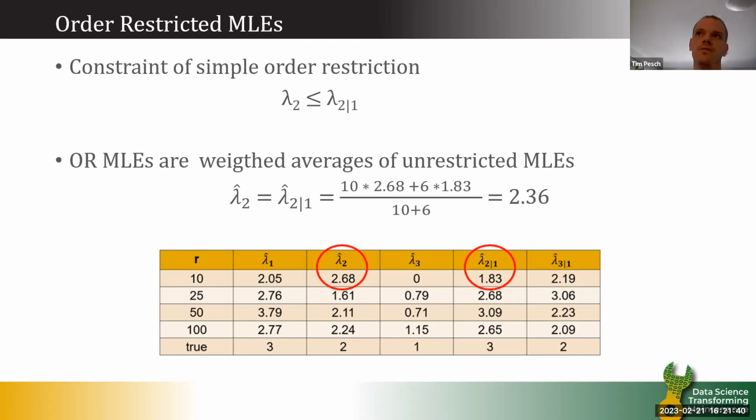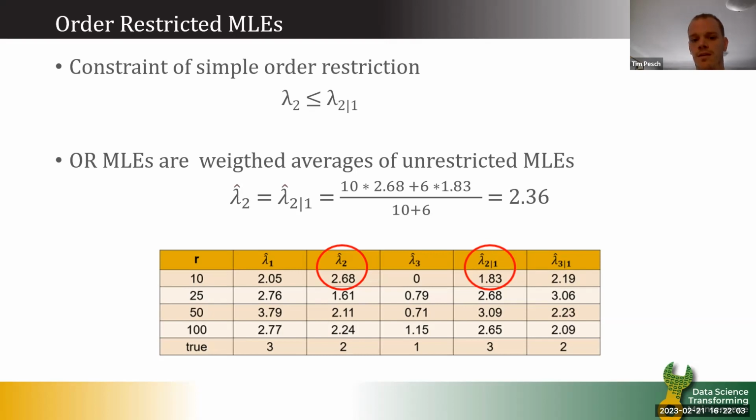I'm going to go a little bit into detail with that. Why is it weighted and why is it not just the average? That's because the number of observations that we have available, or that played a role in the estimation for both of these parameters, varies.